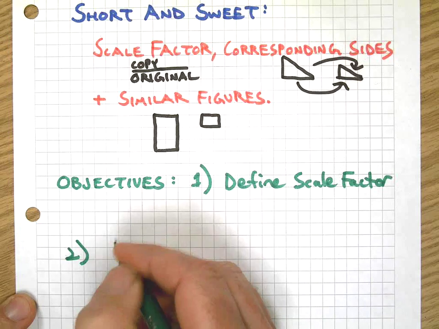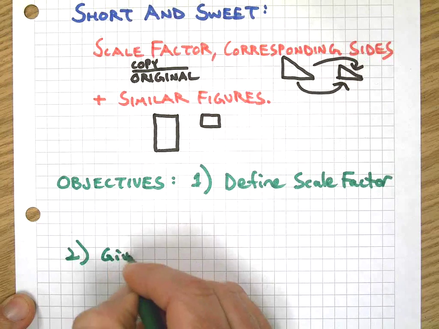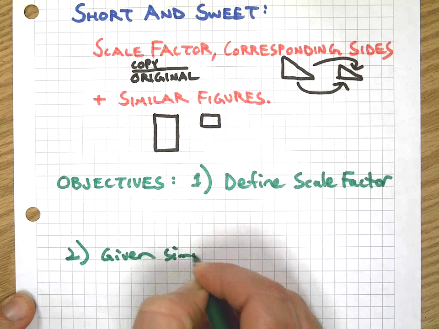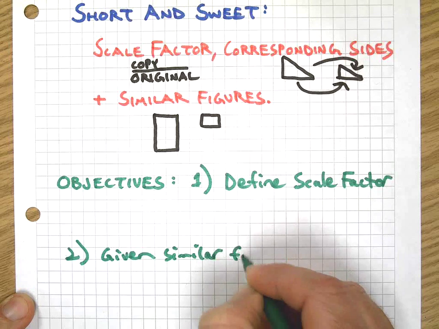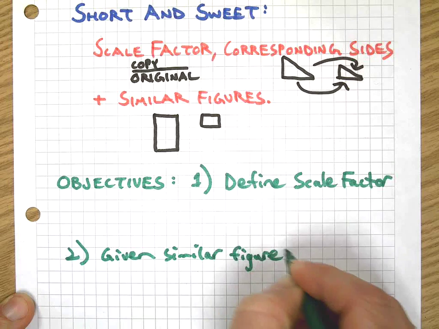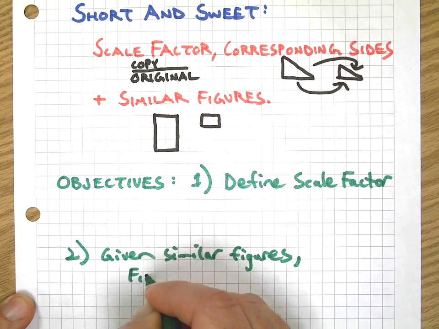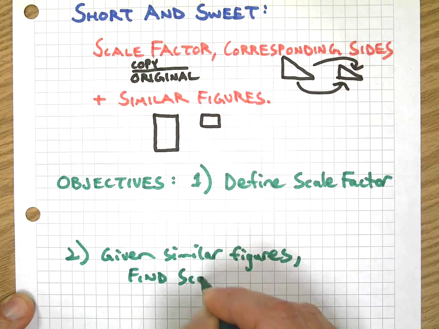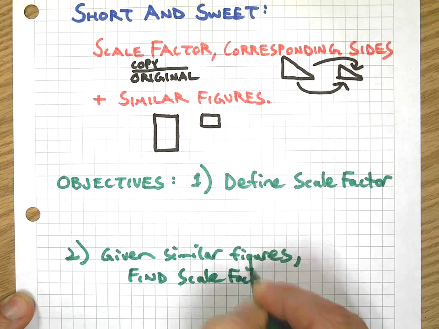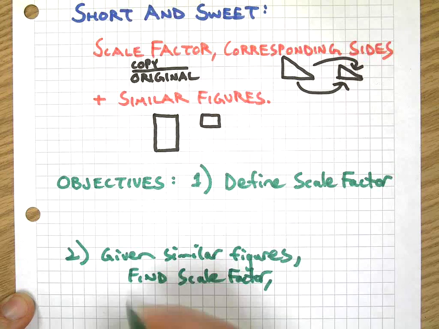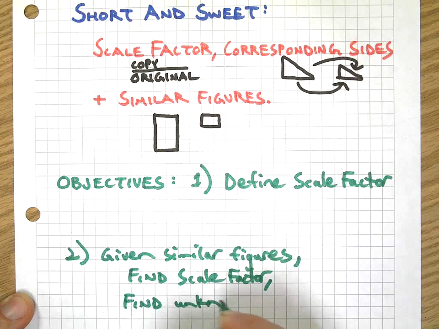Then, if I give you similar figures, we're talking 2 dimensions here, flat surface, you'll be able to find the scale factor. That'll be cool. And you'll also be able to find unknown sides in 2 different ways.